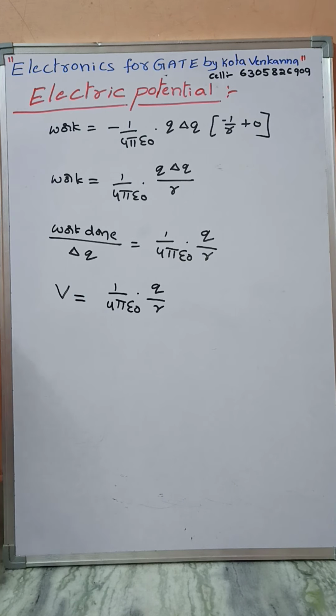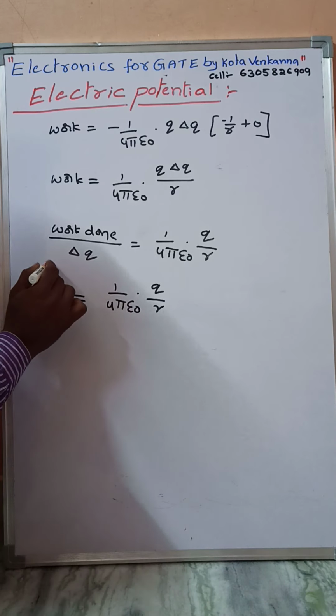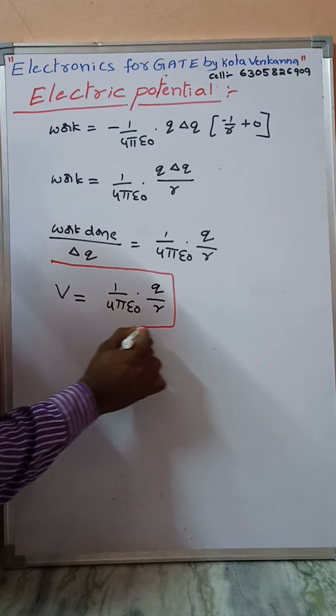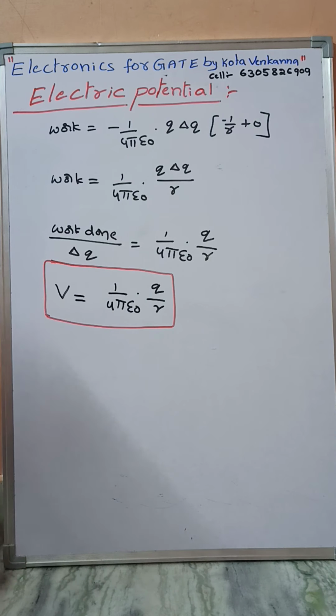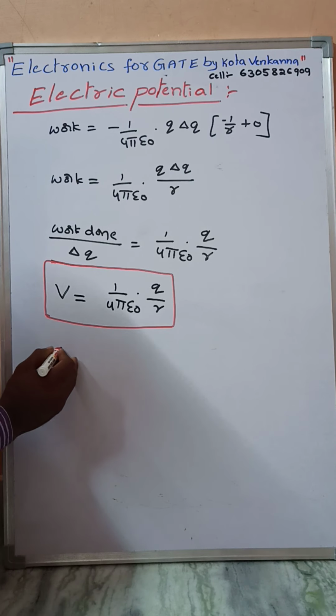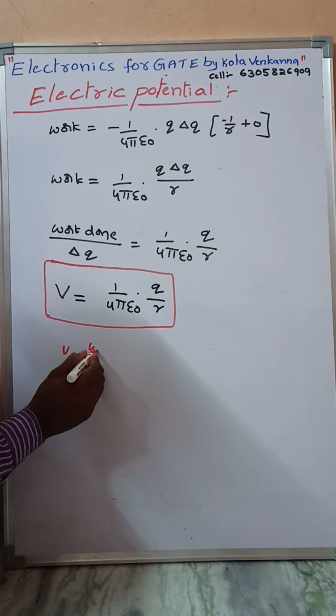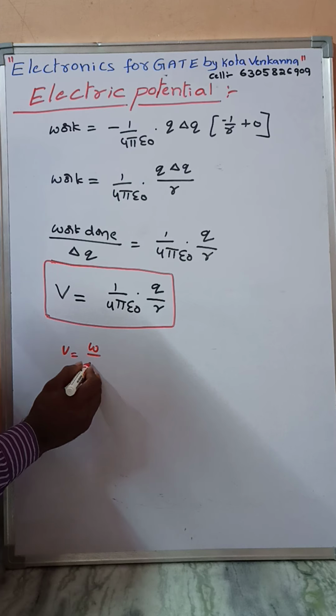Here potential is a scalar quantity. Scalar quantity means it has only magnitude, no direction. Units of potential: V is equal to W by Q, work done per unit charge.